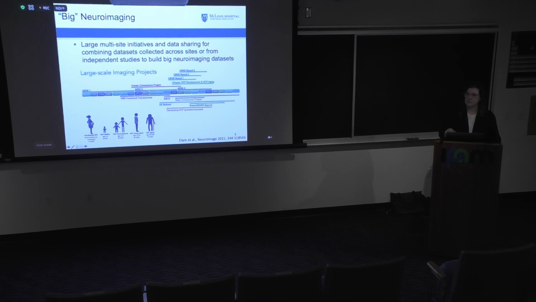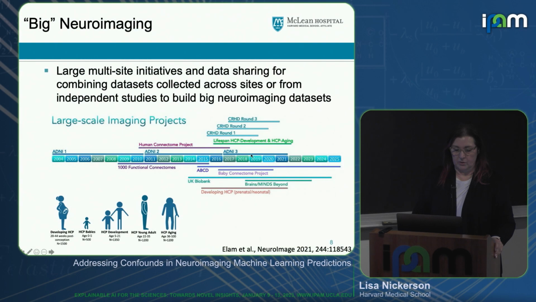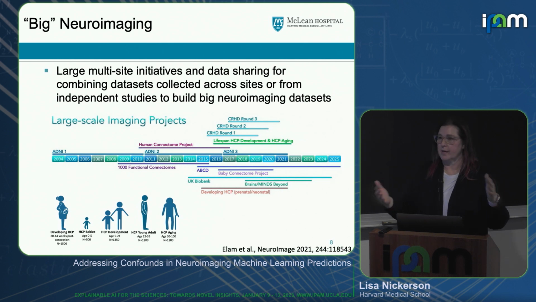ADNI, which is an Alzheimer's disease focused neuroimaging initiative, started even before that and has gone through several different iterations. And there are other large-scale repositories, the 1,000 Functional Connectomes, and large-scale multi-site studies like the UK Biobank and the Human Connectome projects related to health and disease, as well as the Human Connectome projects related to lifespan in healthy individuals.